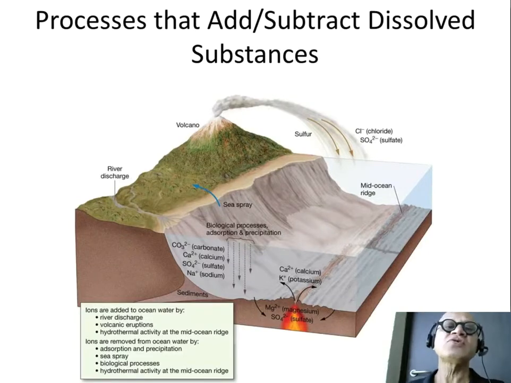So just like we looked at the hydrologic cycle, we can look at the various substances that are being added and removed from the ocean. You have the schematic here showing volcanoes spewing lots of sulfur, carbon dioxide, and so on. So you have chloride and sulfate coming into the ocean.